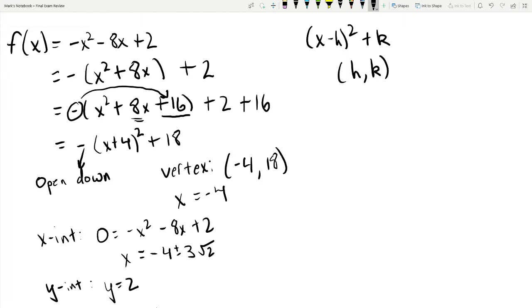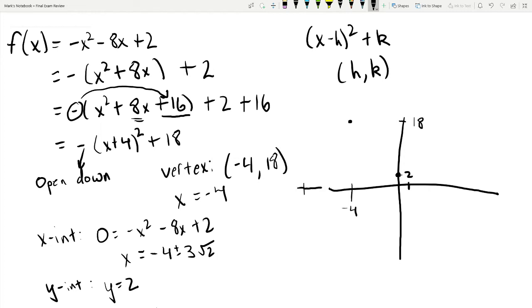Okay, so using all of that information, I'll go ahead and sketch the graph on the right over here. So of course, we know that our vertex is at negative 4, 18. And that we're going to open down, and then we should have a y-intercept over here at 2. We'll have an x-intercept somewhere over here, and an x-intercept somewhere over here. This will be negative 4 plus 3 root 2.